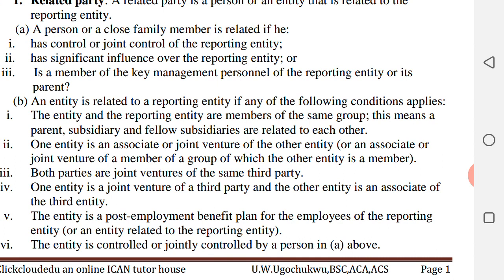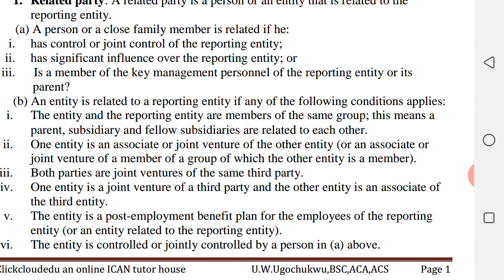Now when we say members of the same group, when we say the reporting entity and another entity, they are subsidiaries. Maybe the reporting entity is the parent, while the other entity is the subsidiary. So we say it's a parent and subsidiary relationship, or both of them are subsidiaries of a particular parent. So we are saying they are also related.